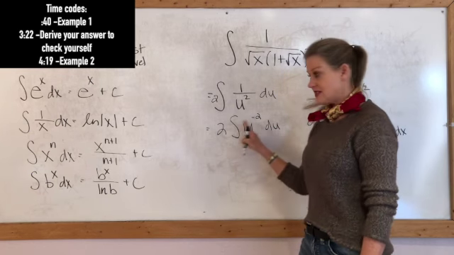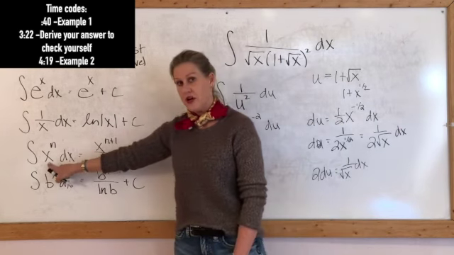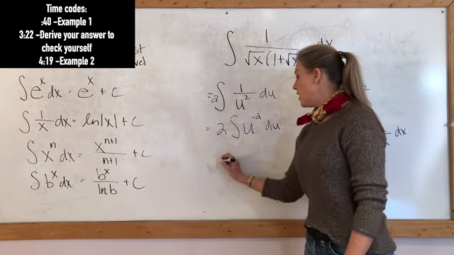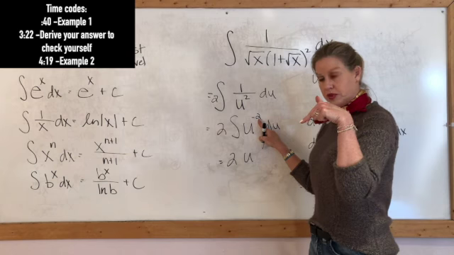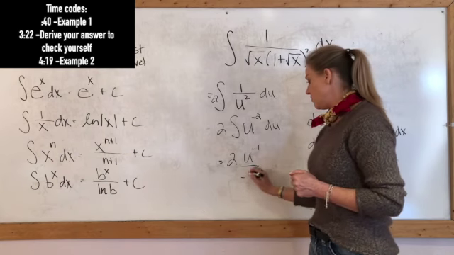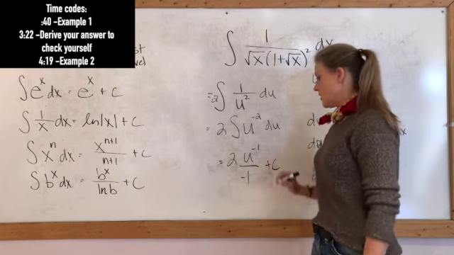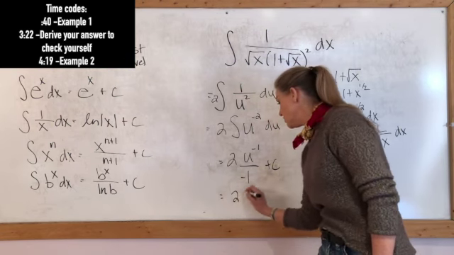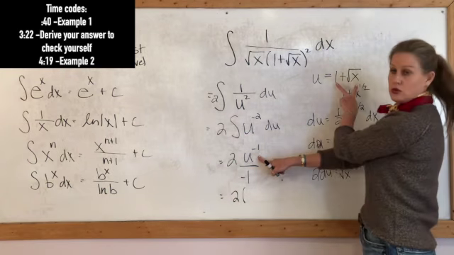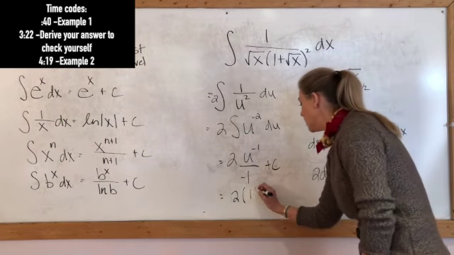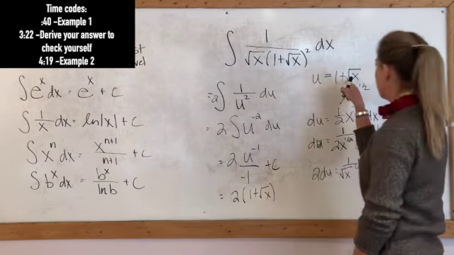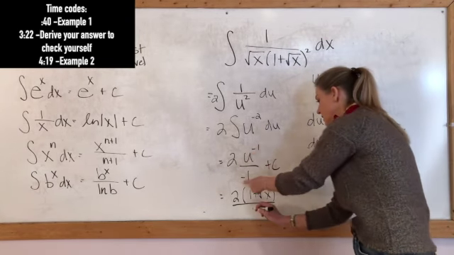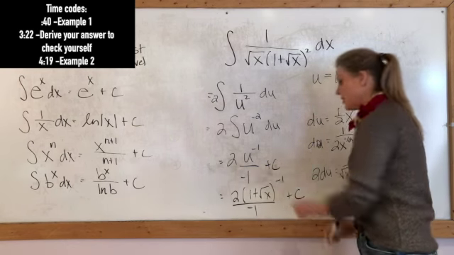And now it fits this pattern, which is a variable base to a numerical exponent. So I add 1, negative 2 plus 1 is negative 1, that new value goes in the denominator, tack on a plus c, and then our final step is 2 times what u was really holding the place for, 1 plus root x, pop that right in there, to the negative 1 over negative 1 plus c.